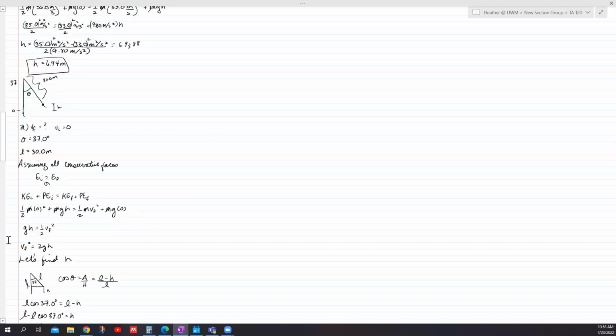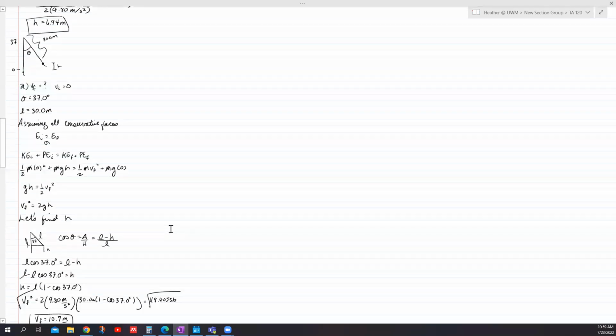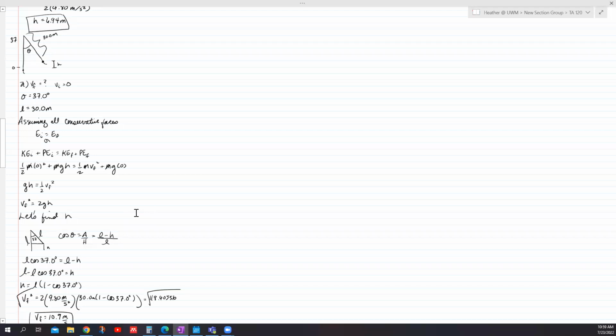We are going to cancel off initial kinetic energy because it says he starts from rest. And final potential energy, because at the bottom of the swing, he is at his lowest, and so there is no gravity. And we end up with a few unknowns here, not enough equations to solve.